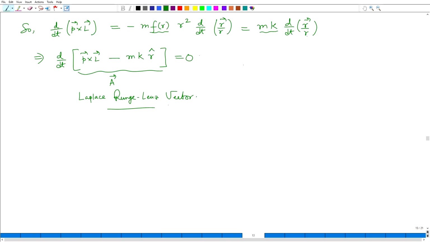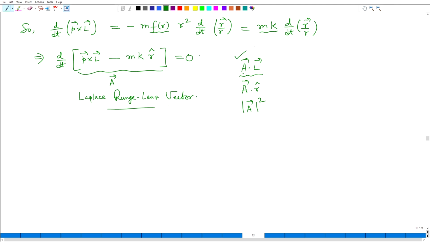Okay. What you have to do, you have to find three things. One is a dot L. That means I am interested to know the angle between the angular momentum vector and the Laplace Runge-Lenz vector. Then a dot r or r cap. Okay. So, the radius vector and the Laplace Runge-Lenz vector, and finally modulus of a, or its square.